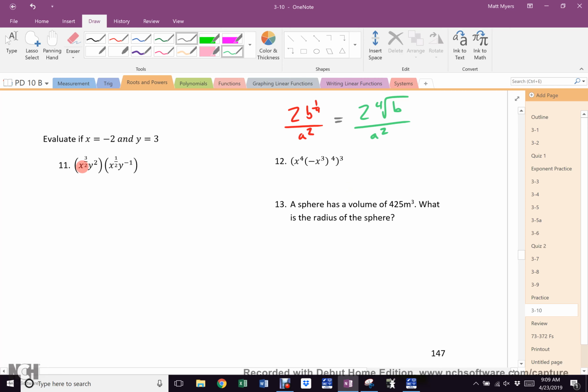So, all of you, and when I say all of you, I mean every single grade 10 student I have ever taught, as soon as they see this, they start putting these numbers in here. Is that a good idea? Of course not. Why? You should simplify first.